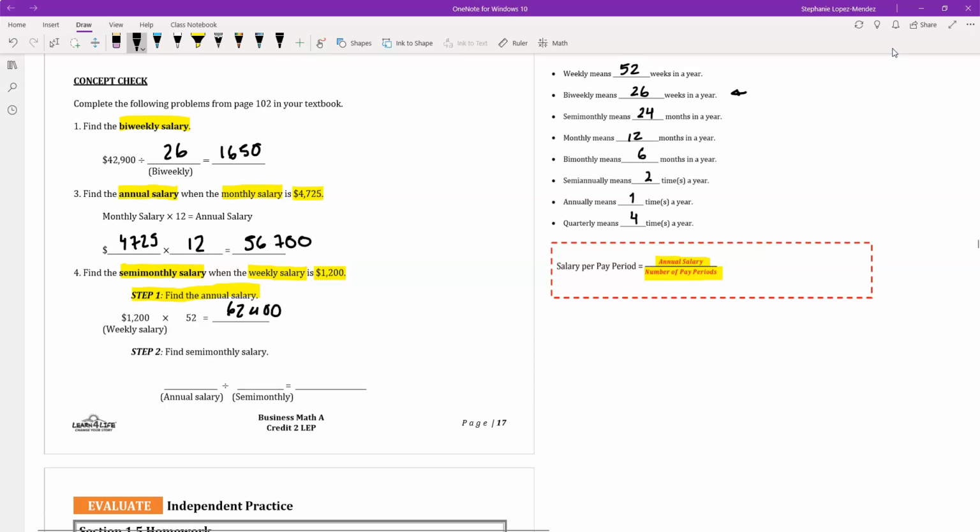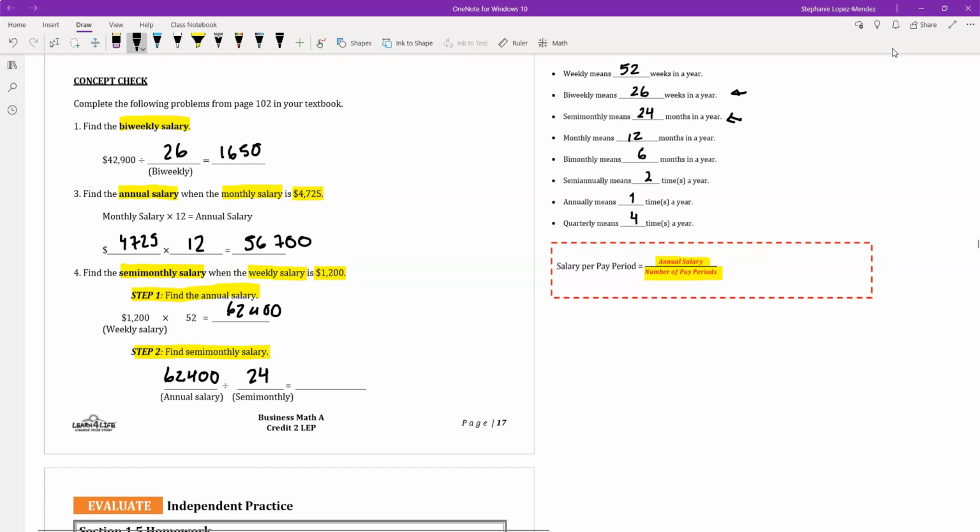Okay. And on my step number 2, I need to find the semi-monthly salary. So my annual salary is what I just found, $62,400. And we need to divide it by semi-monthly pay periods. That means, according to our table right here, 24 pay periods.